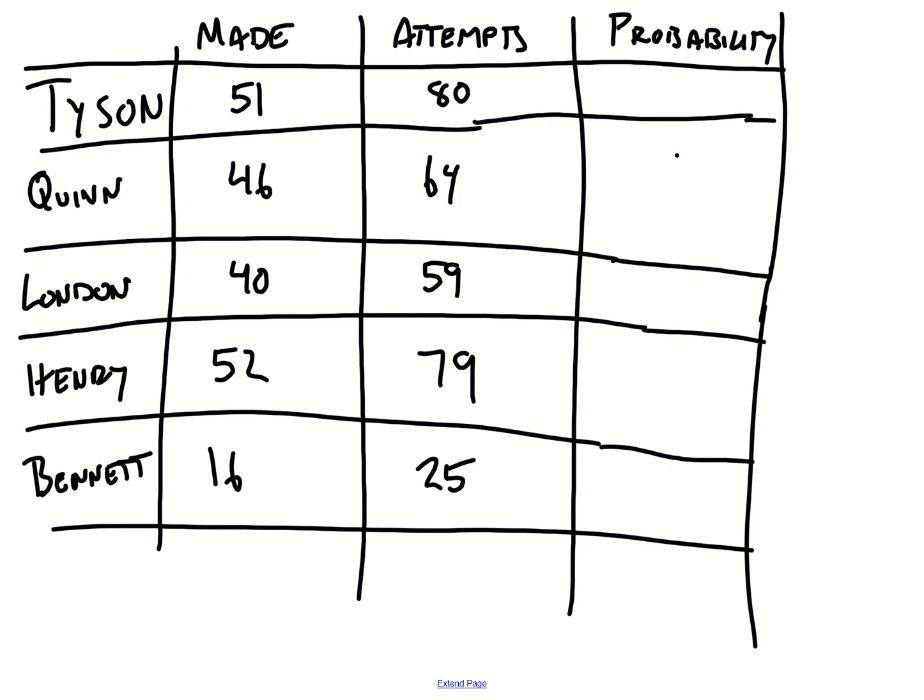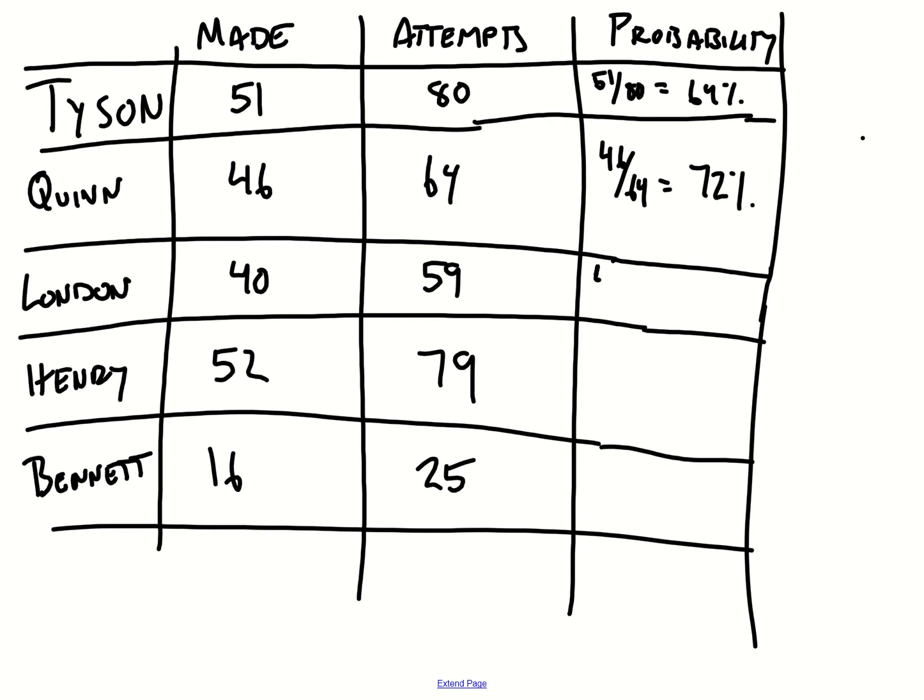And so then here we want to look at, okay, what's the probability that they'll make a free throw? Well, let's do the math. We've got 51 out of 80 equals about 64%. So Tyson makes about 64% of his free throws. Quinn has 46 out of 64. Quinn makes about 72% of his free throws.